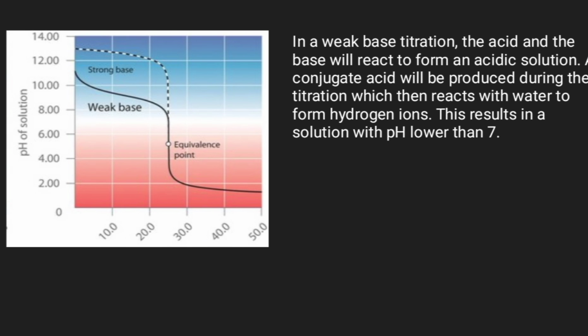Weak base: in a weak base titration, the acid and the base will react to form an acidic solution. A conjugate acid will be produced during the titration, which then reacts with water to form hydrogen ions. This results in a solution with pH lower than 7.